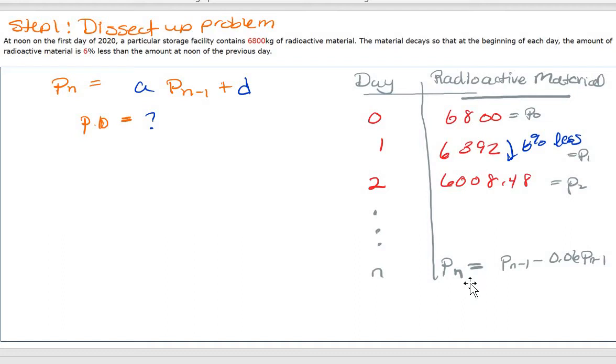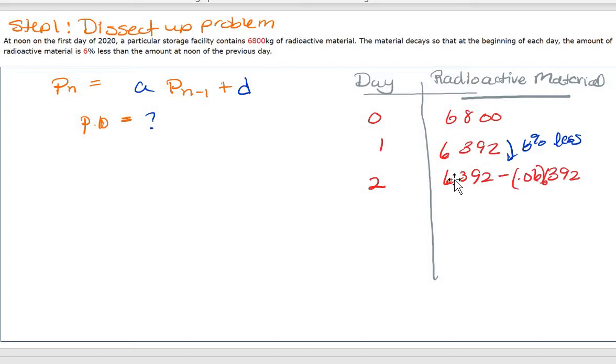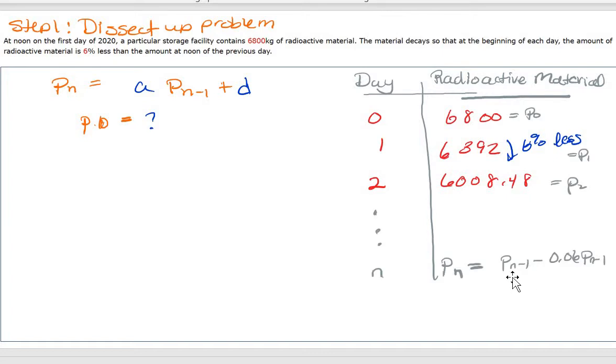So my DDS, my discrete dynamical system, or my recursion equation is P sub N is equal to P sub N minus 1, whatever I had before. If you go back to the previous step, you see whatever I had before minus 6% of whatever I had before.